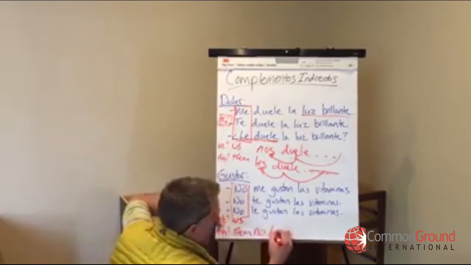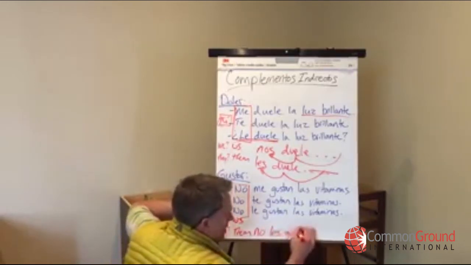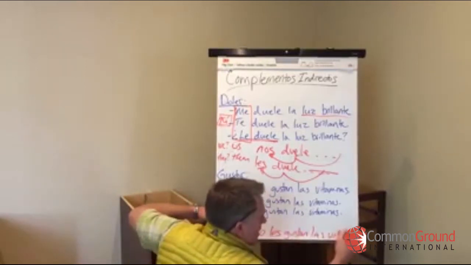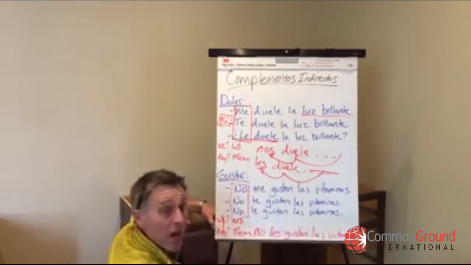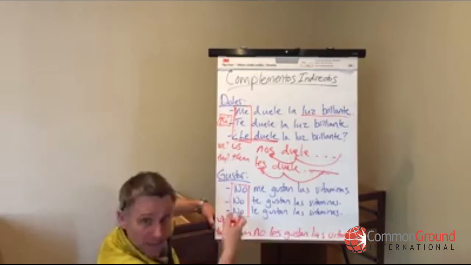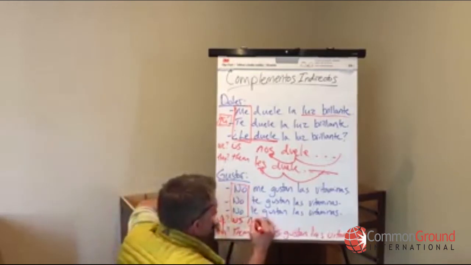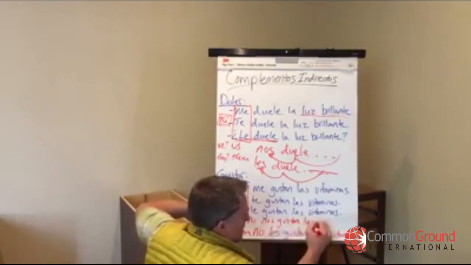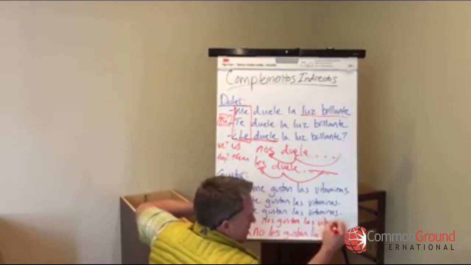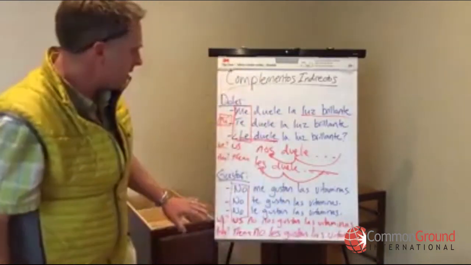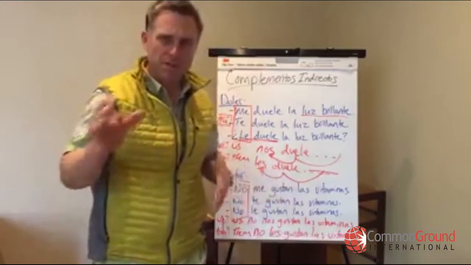No les gustan las vitaminas. And how about we don't like vitamins? So vitamins are not pleasing to us, is how this is set up. So no nos gustan las vitaminas. Okay. Now, a quick observation.